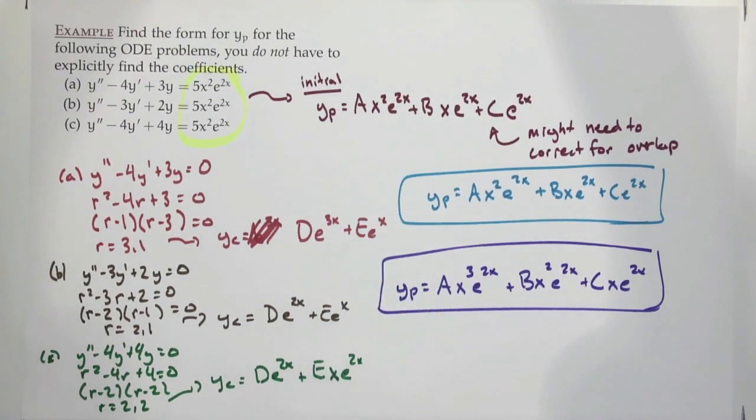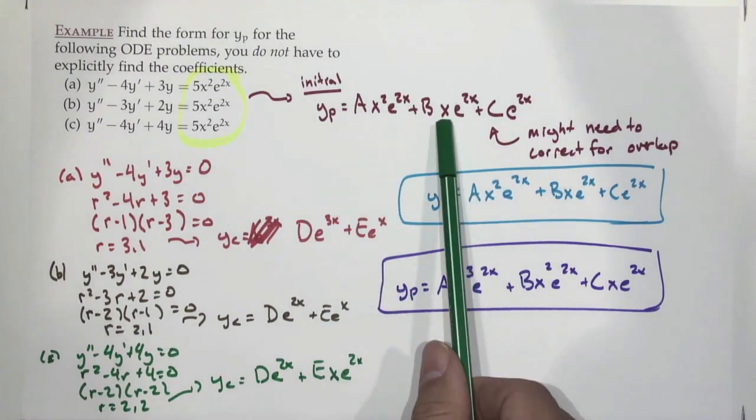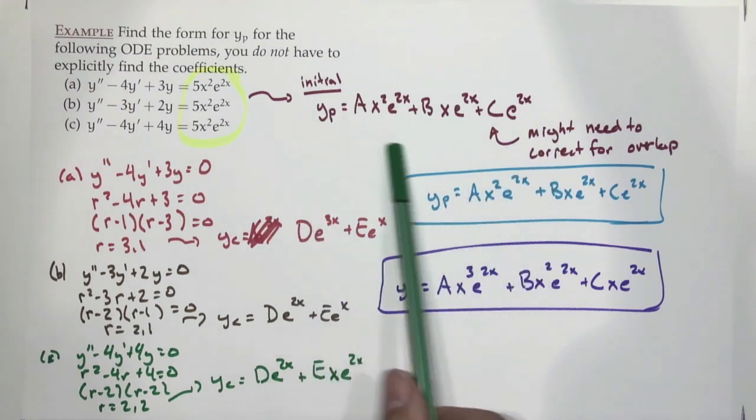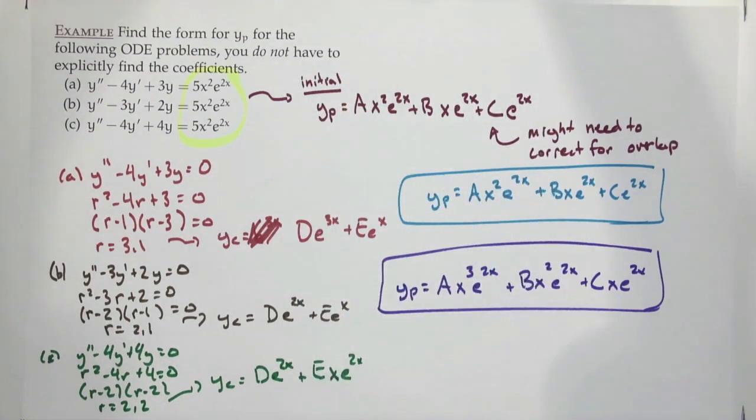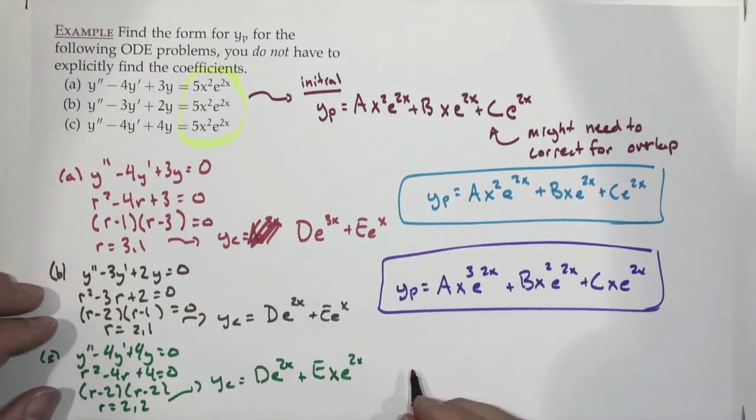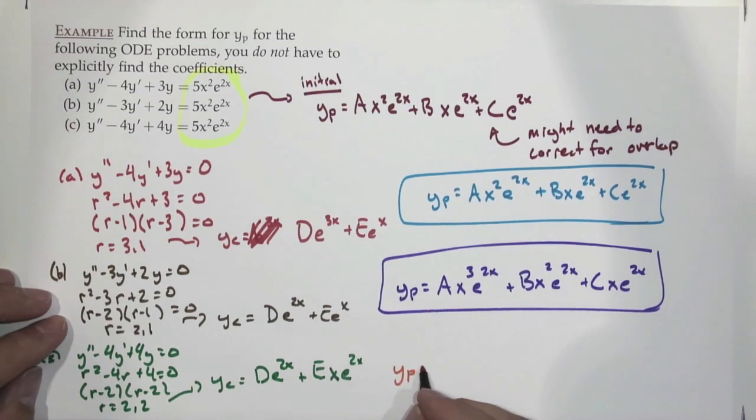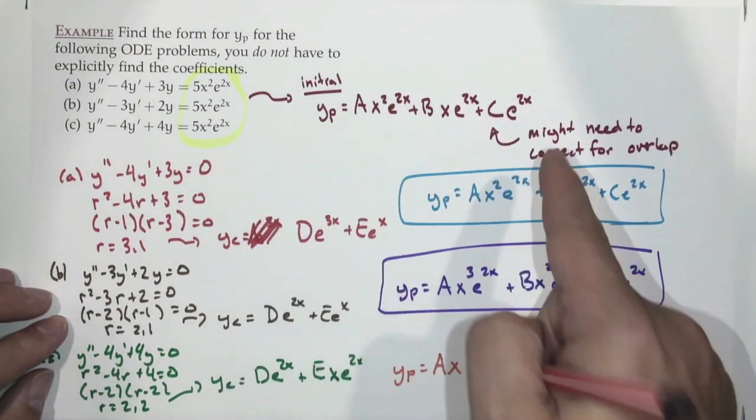Yeah. And not just by one, notice we overlap by 2. So what do we have to do here to fix? Got to bump twice. Got to keep bumping until there's no more overlap. So our particular solution would be the same function, but now multiplying through by x squared.